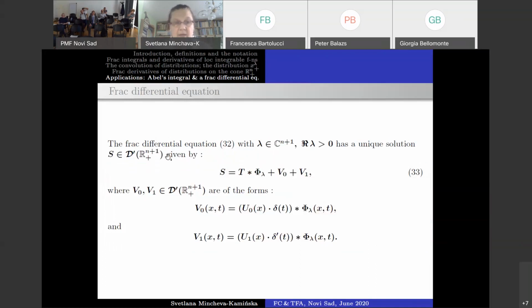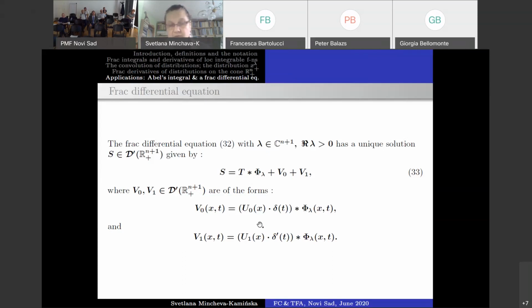And then the differential equation 32 with a given lambda has a unique solution of this form. This is, of course, the convolution form of the solution, where V0 and V1 are given by these formulas.